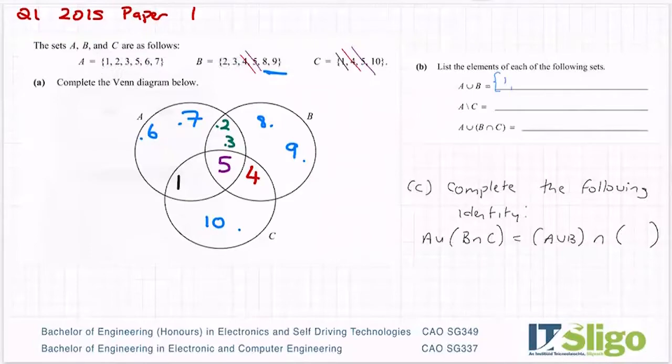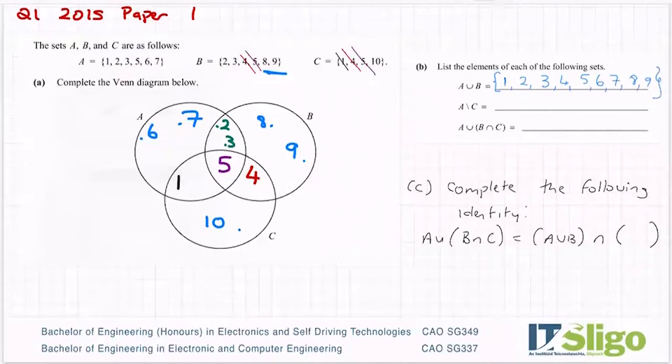So number 1. Number 2 comes next. Do you see the way it appears twice? You only write it down once though. 3, comma, and you must have a comma between each element. 4, comma, 5, comma, 6, comma, 7, comma, 8, comma, 9, and close your squiggly bracket.